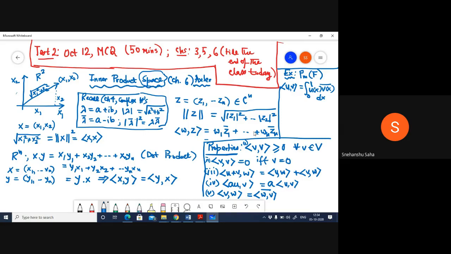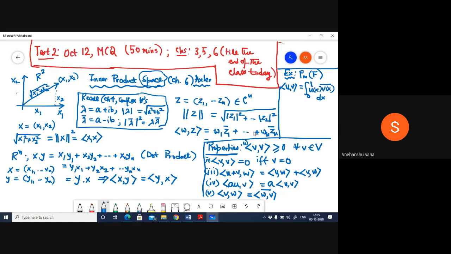As I said earlier, we are not going to worry about infinite dimensional vector spaces. But if you do, then you define your inner product spaces like this. This is one of the ways of defining an inner product space. Now, the first property is trivial. There is not much to think of or do about the first property.